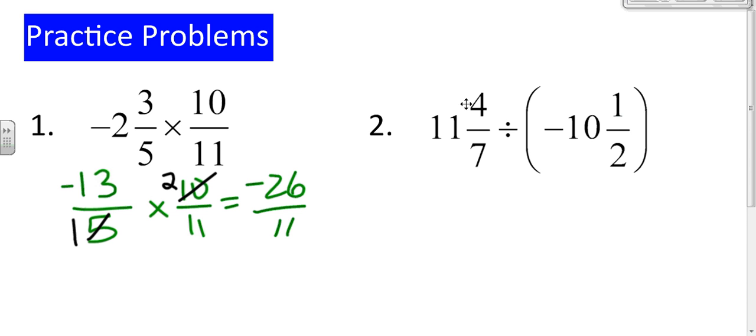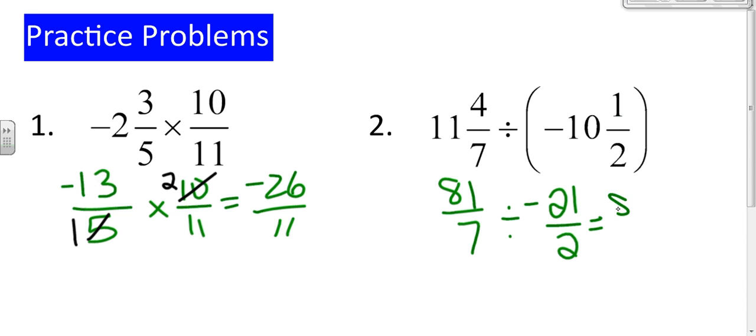And this next example, dividing here, but first I want to change these mixed numbers to improper fractions. 7 times 11 is 77 plus 4 gives me 81 over 7. 2 times 10 is 20 plus 1 is 21. So I get 21 over 2. That's a negative. I'm dividing here. I'm going to keep, change, and flip.